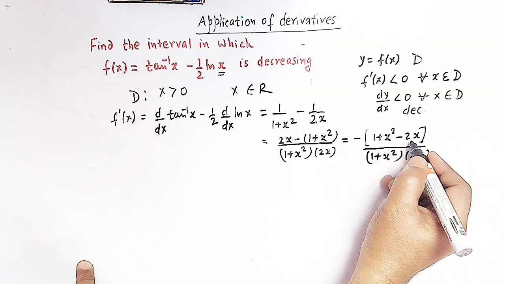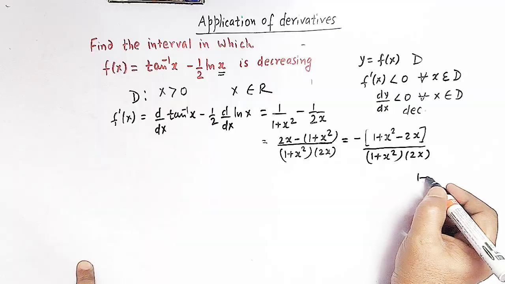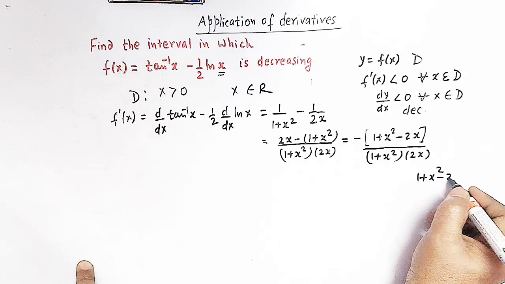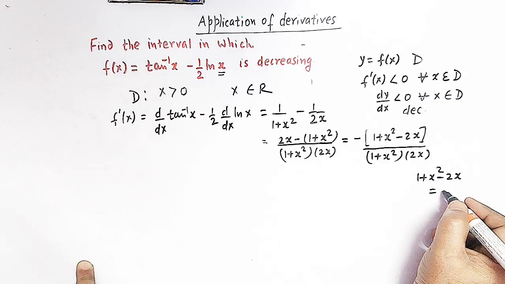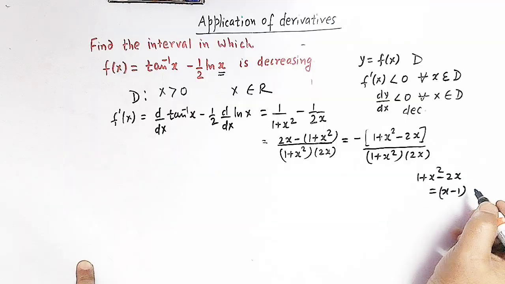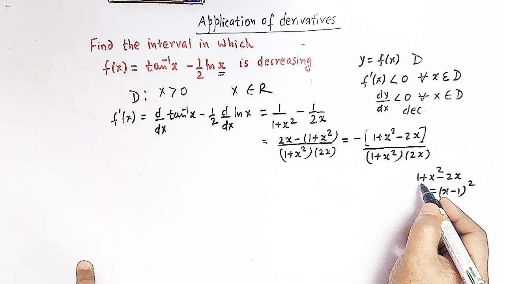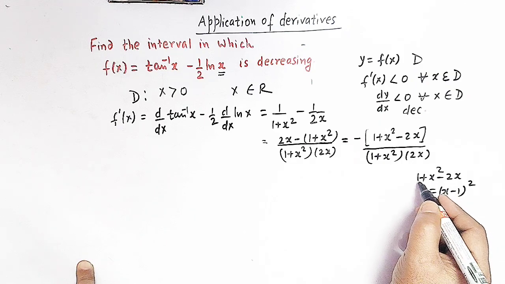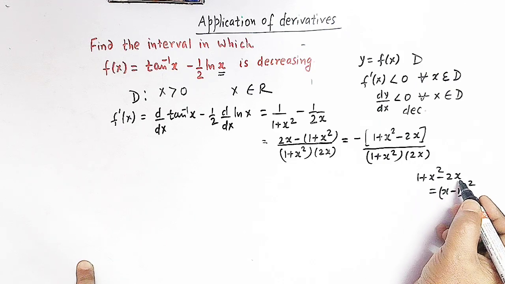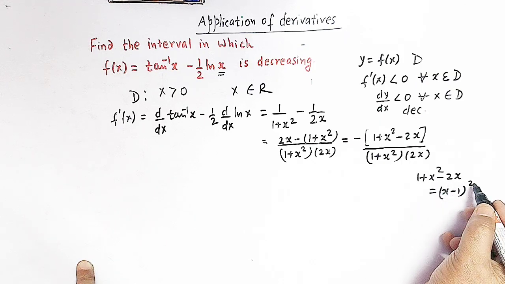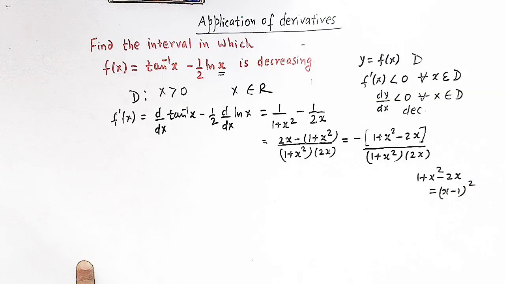Now see this expression, that is 1 plus x square minus 2x is given by x minus 1 whole square, since a minus b whole square is a square minus 2ab plus b square, that is x square plus 1 minus 2x.